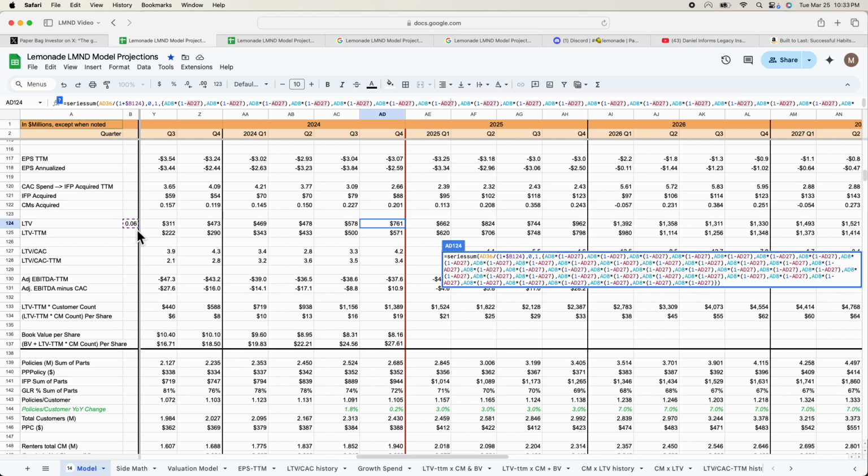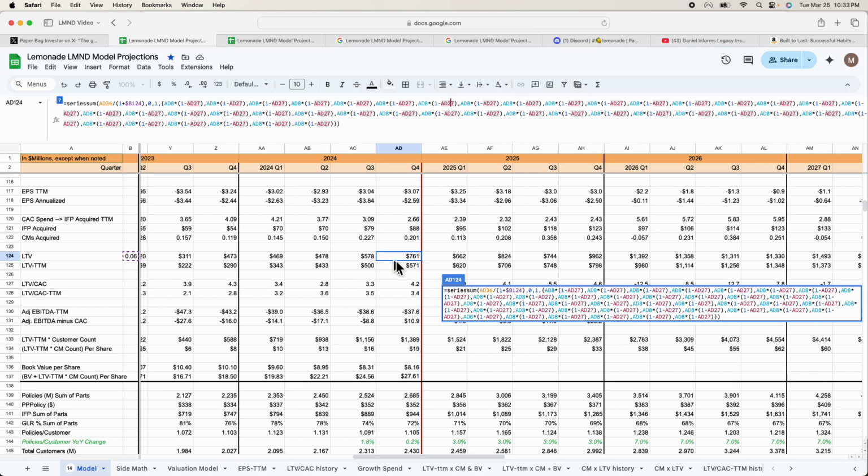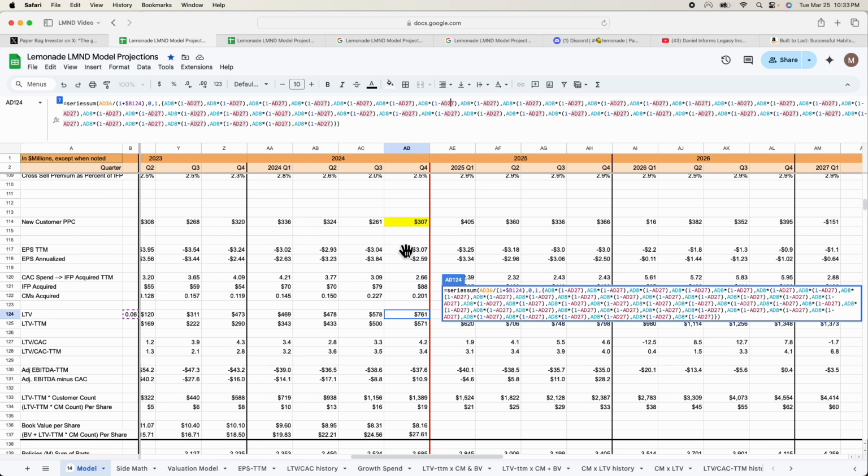You could argue this could be higher, and I'm not going to go into it here, but I don't think this is unreasonable for this metric, at least in my mind. So this is discounting all the future cash flows from a cohort of customers, and estimating that the present value of all those cash flows is $761.